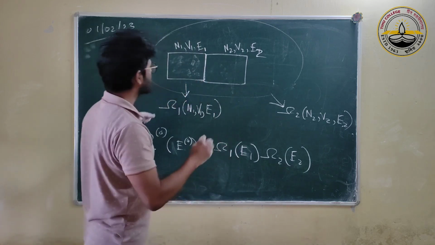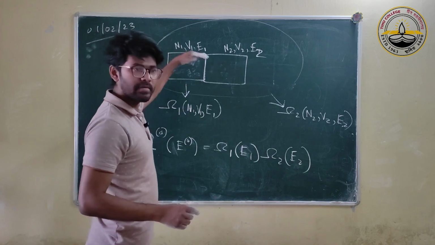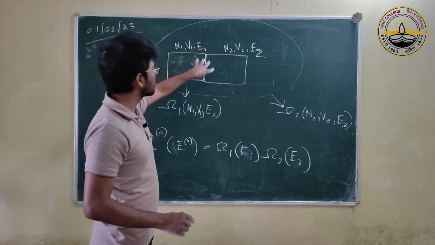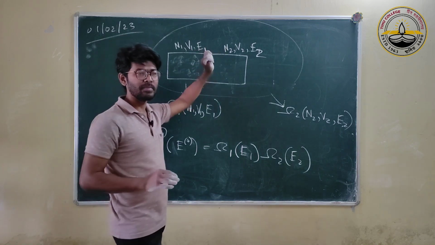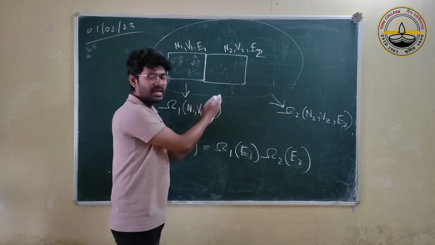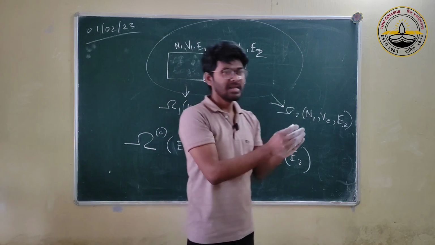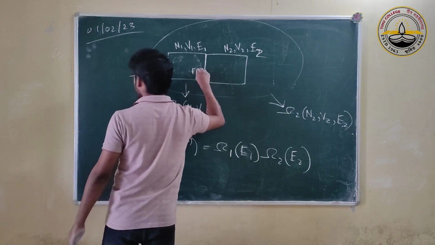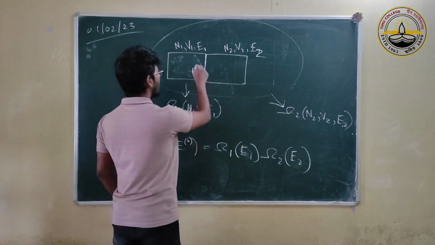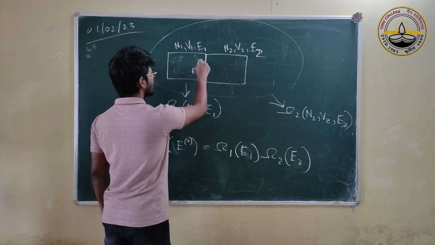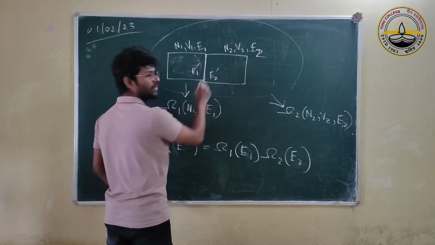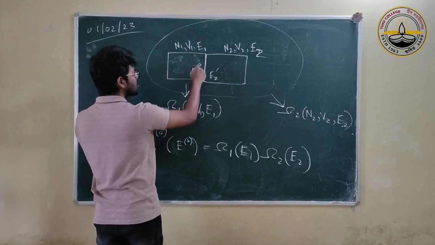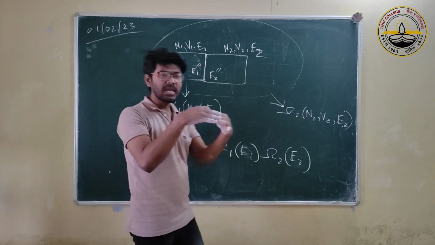Now the question is, energy is flowing, fine. At what value of energies will the combined system attain equilibrium? Obviously, when you bring them together, it's not equilibrium, because maybe now the energy is some E1 prime, E2 prime, and it's constantly flowing.